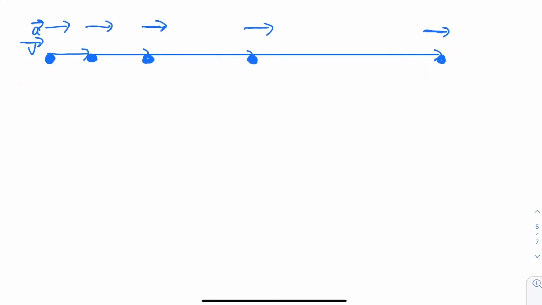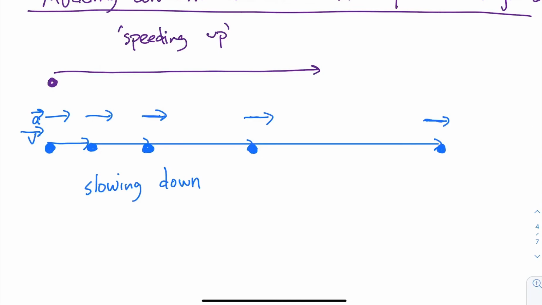Let's show slowing down. Keep in mind, as we already discussed, speeding up means that velocity is positive and acceleration is positive, or velocity is negative and acceleration is negative. We could deem this as being positive or negative as we go this way. Let's say it's positive.